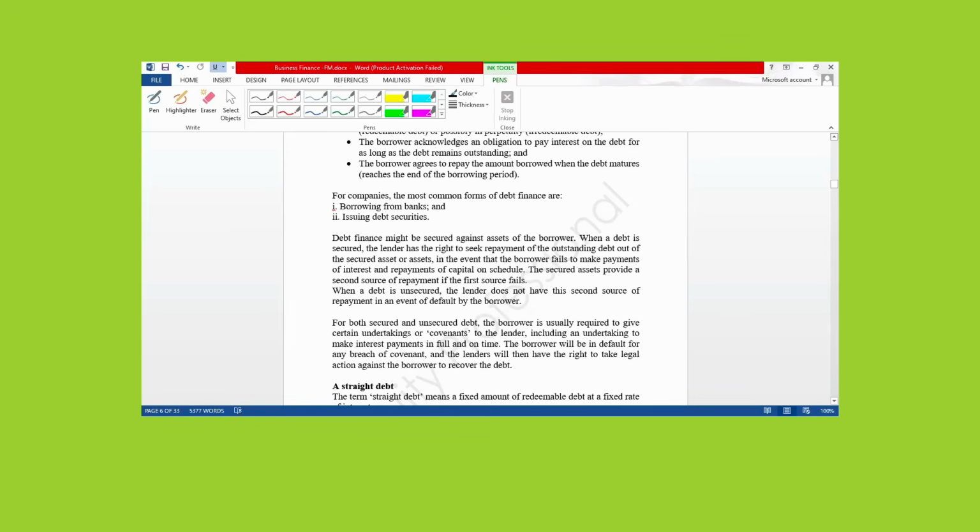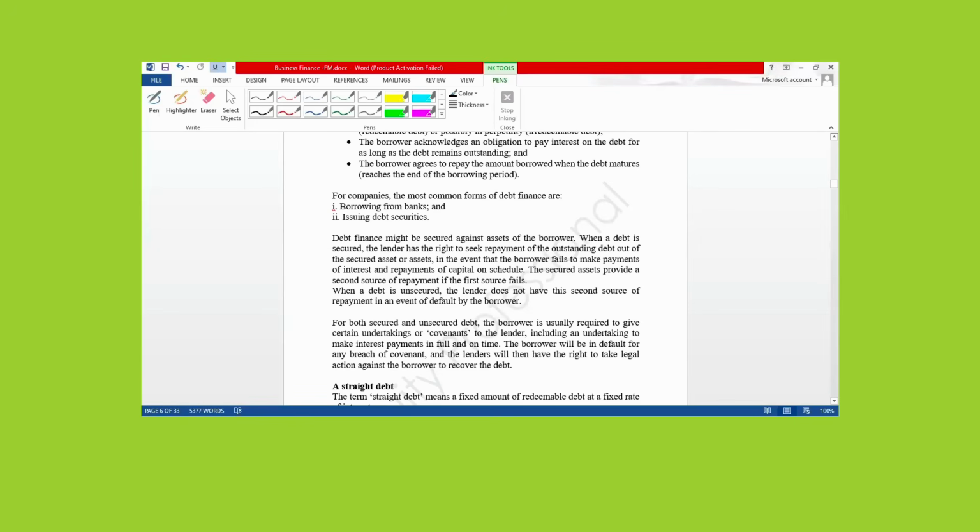Also note, debt finance might be secured against assets of the borrower.